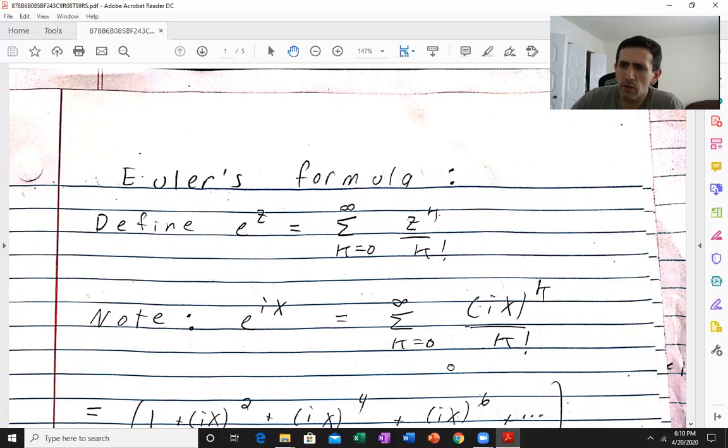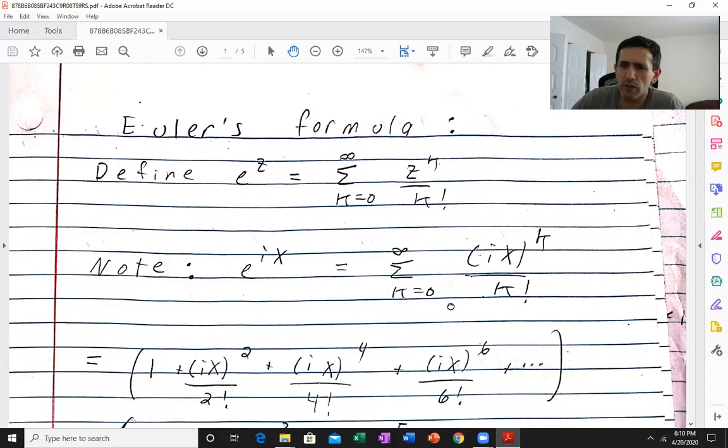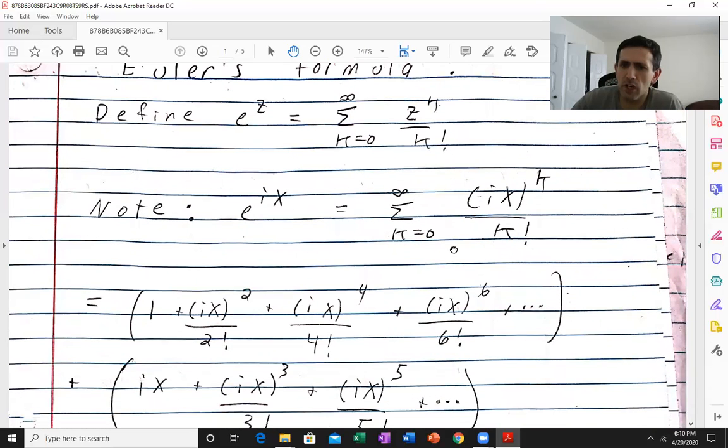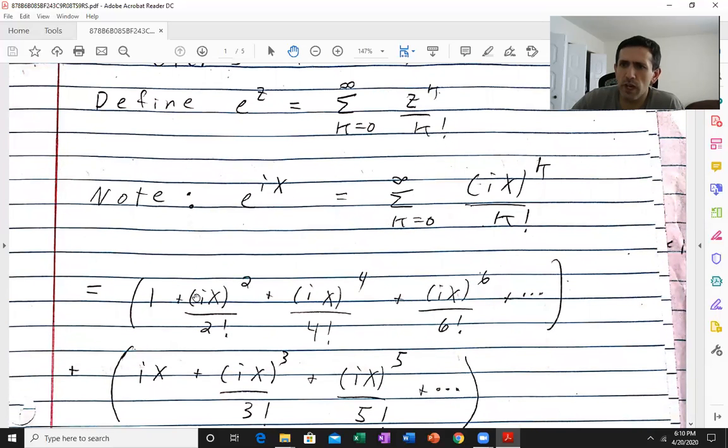Now let's do a little trick here of sorts. Let's break the sum up into the even terms, k equals 0, 2, 4, 6, etc., and the odd terms, k equals 1, 3, 5, 7, etc. So I haven't really done anything yet.